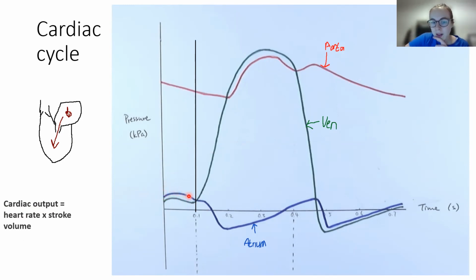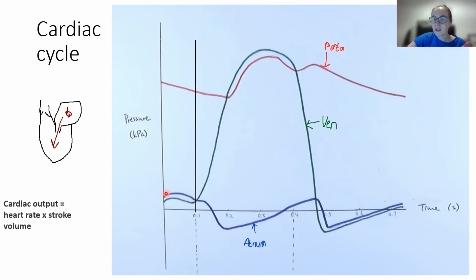So at this point, atrial systole, the atria are contracting. We're just talking about the left side of the heart, but remember it happens simultaneously in both. So the pressure inside the atria is higher than the pressure inside the ventricle, and we can see that here. So that means that blood is going to go from high pressure inside the atria to low pressure inside the ventricle.